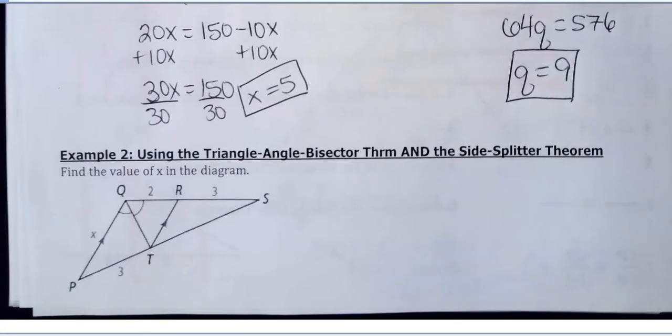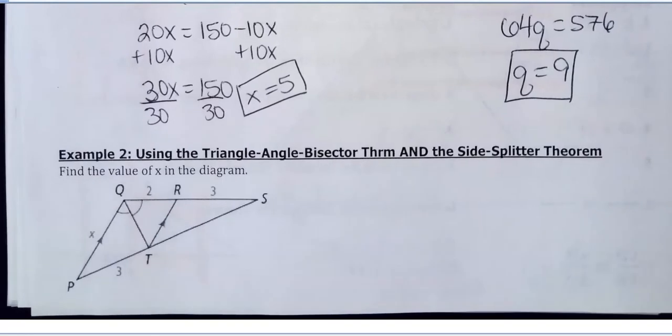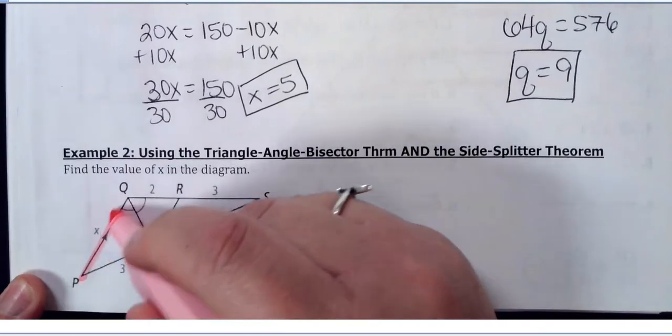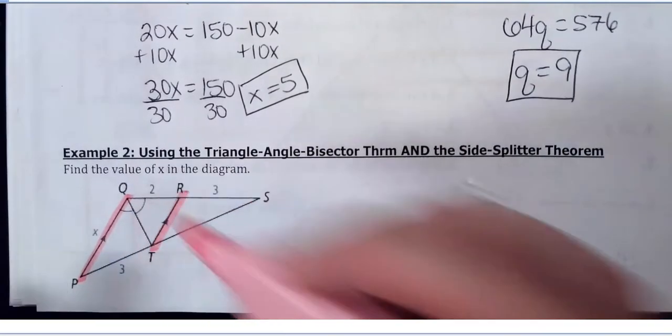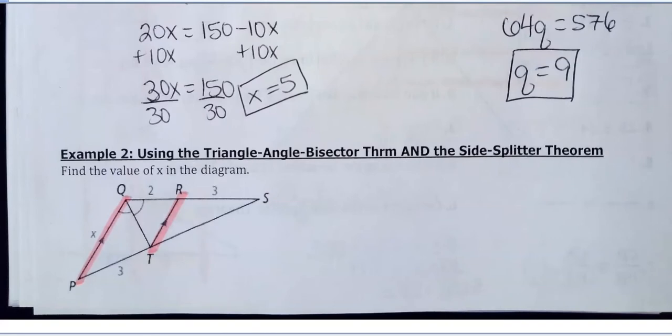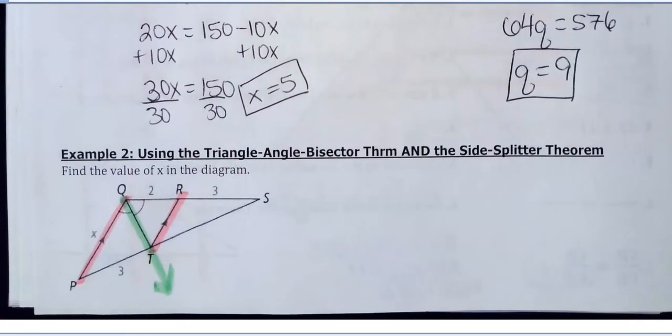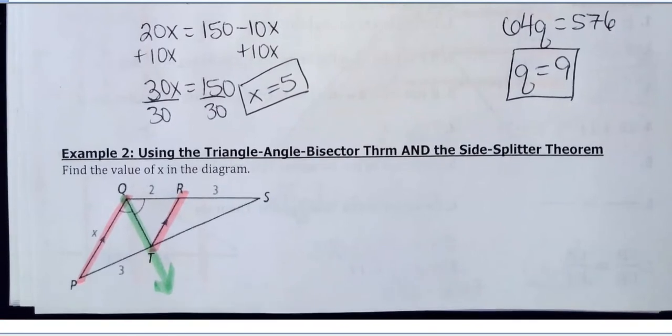All right, and then at the very bottom of the page, this is actually a little bit of a review from yesterday. So I actually have the side splitter theorem because I have 2 parallel lines here. And I also have the triangle angle bisector theorem here. So I'm going to see if I can use both.